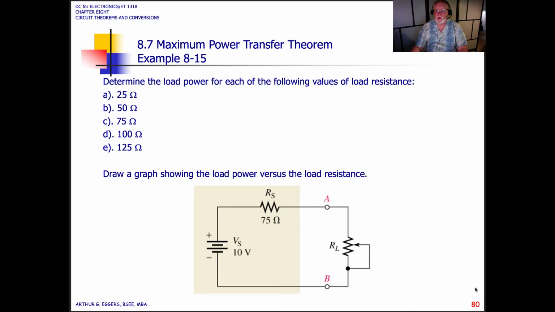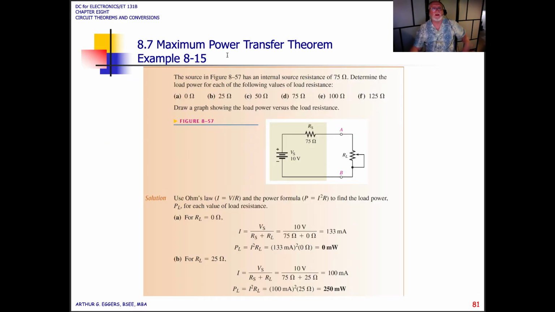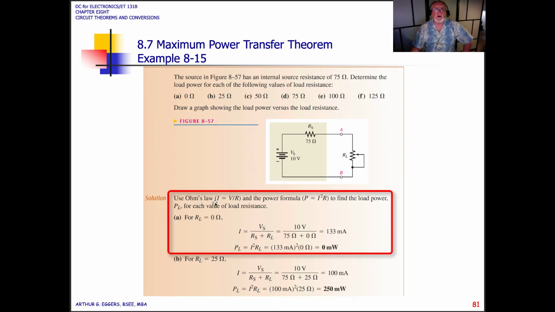So let's take each one of these one at a time. We use Ohm's law, I equals V over R, and the power formula, P equals I squared R, to find the load power for each value of load resistance. For a load resistor of 0 ohms, I is equal to V sub S divided by the series R sub S plus R sub L, the internal resistance and the load.